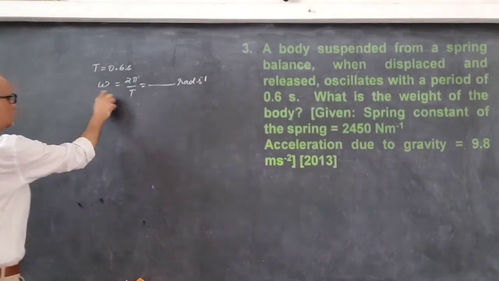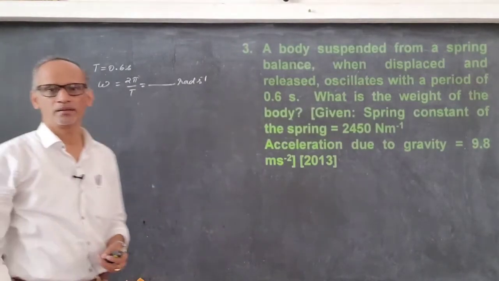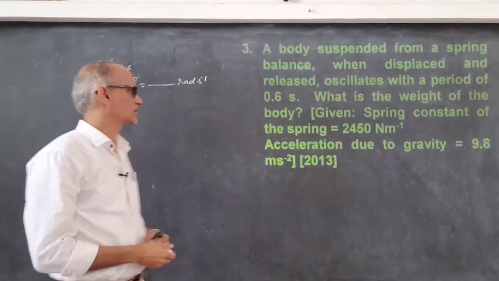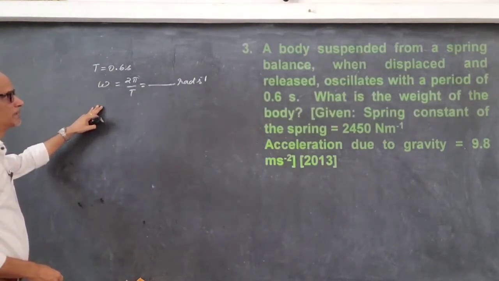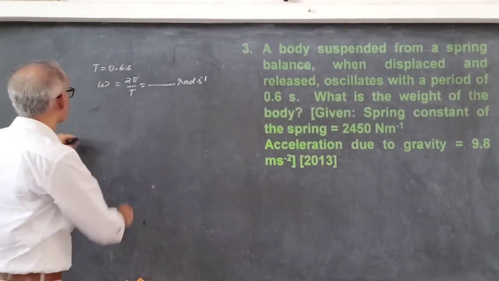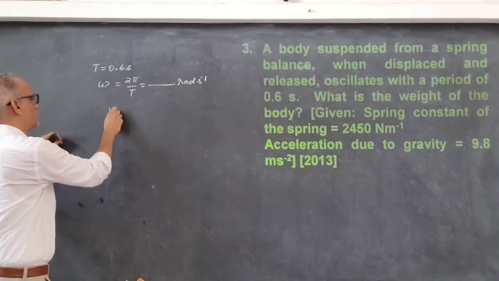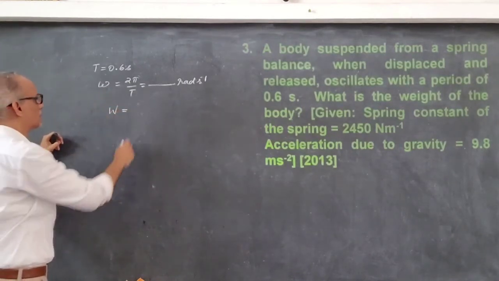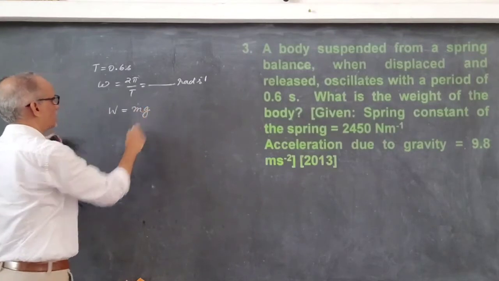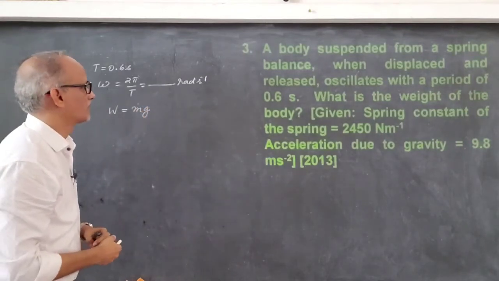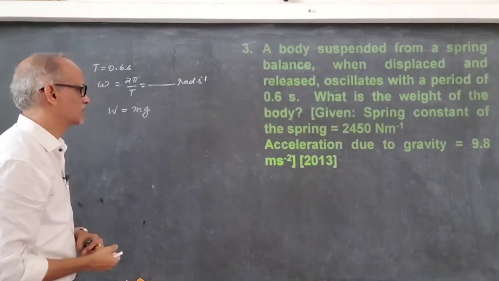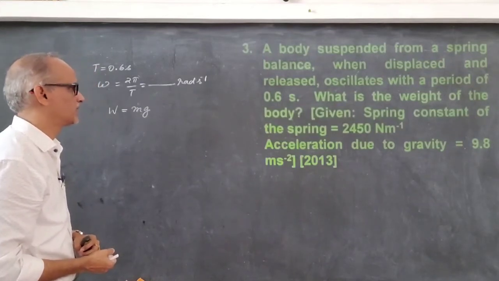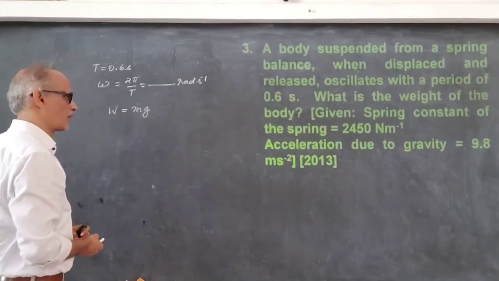See, for most of the numerical we need the value of omega, so that should be the first point to find, with 0.6. Then what is the weight of the body? So this is omega. Weight of the body is always equal to m into g. Then the spring constant is given and the acceleration due to gravity, 9.8 meter per second square.